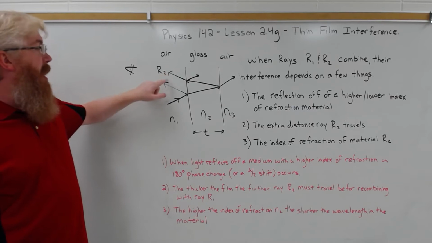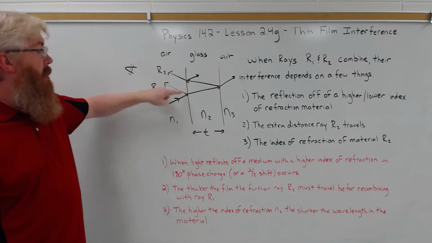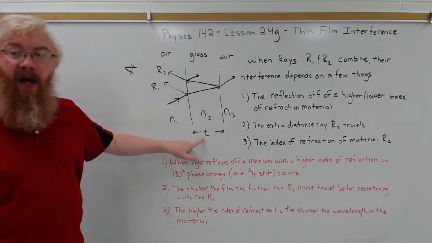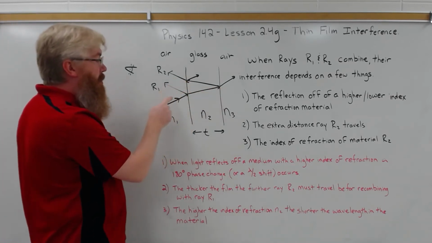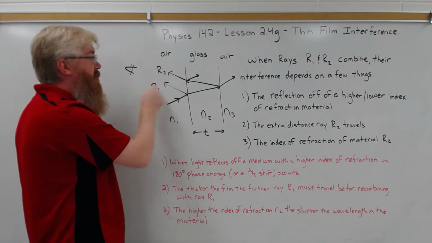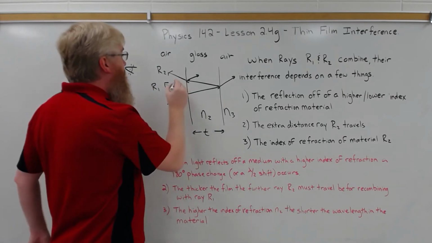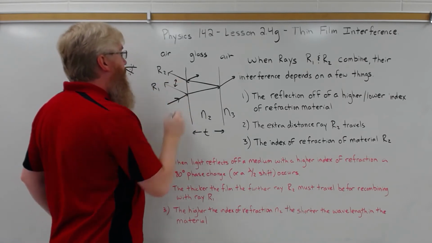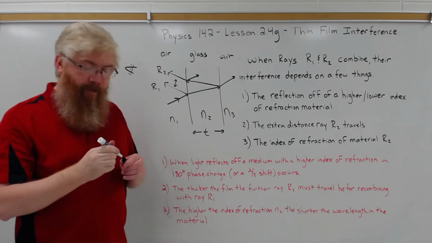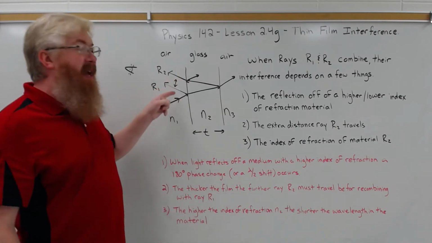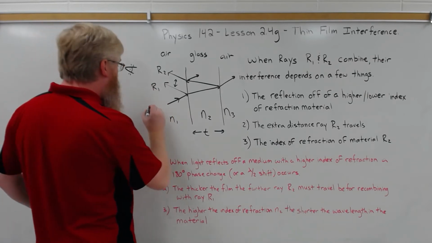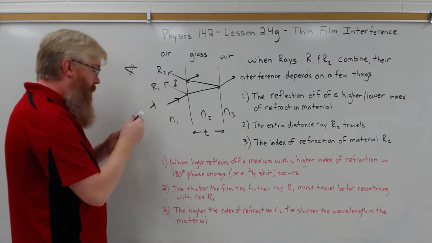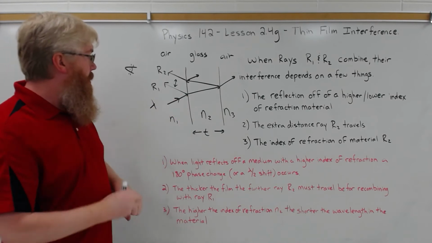This ray traveled the extra distance, basically twice the thickness of the glass, to come out, whereas ray 1 just reflected off the surface. So these two rays can interfere with one another. If these come back together in phase, the light will look bright at whatever wavelength we sent in.